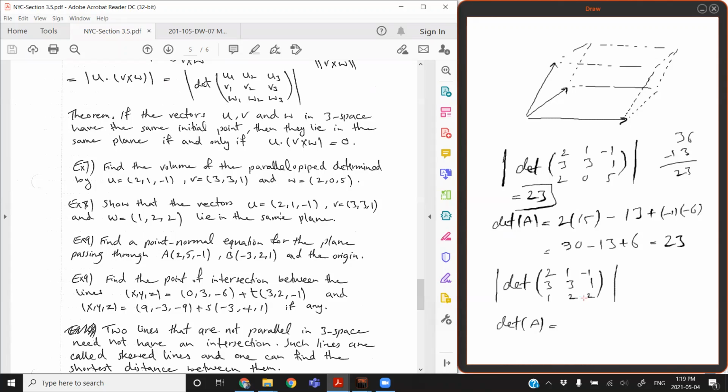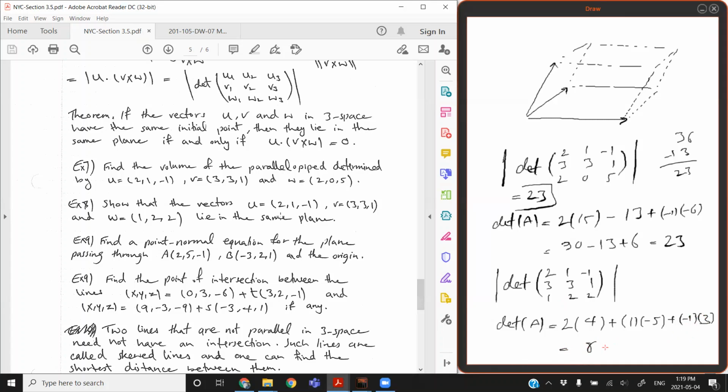So again, cofactor expansion along the first row, I get 2 times 6 minus 2, 4, plus 1 times, okay, the corresponding cofactor for this position is going to be 6 minus 1, that's 5, so minus 5, plus negative 1 times the cofactor for this position, which is going to be 6 minus 3, 3.